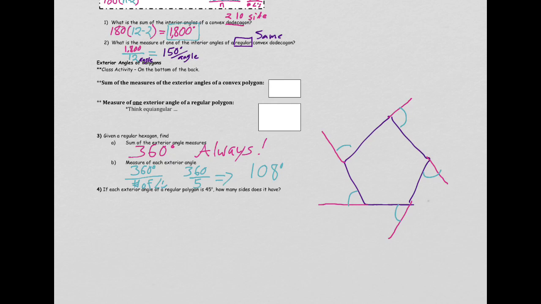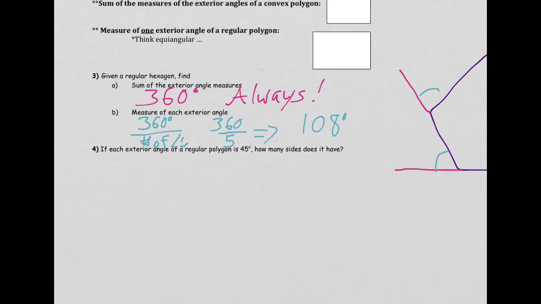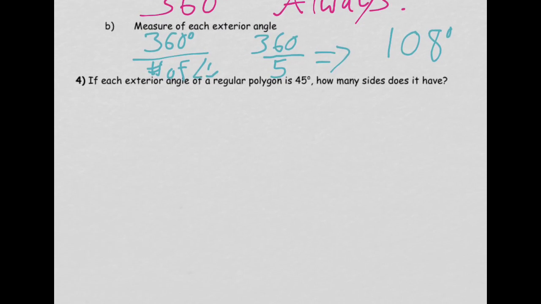Okay. If each exterior angle of a regular polygon is 45, how many sides does it have? Well, we're talking about exterior angles, and each one of the regular polygon is 45. How many sides? First of all, what are we being asked for? How many sides? So sides is just going to be our n.